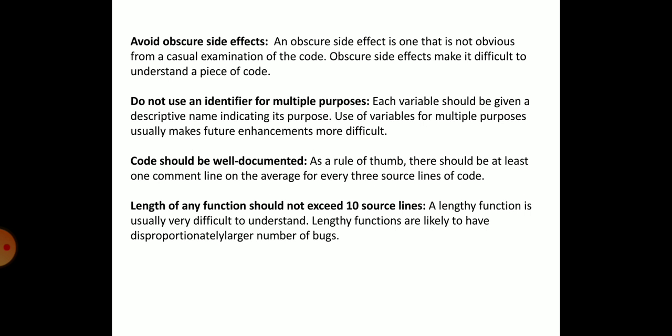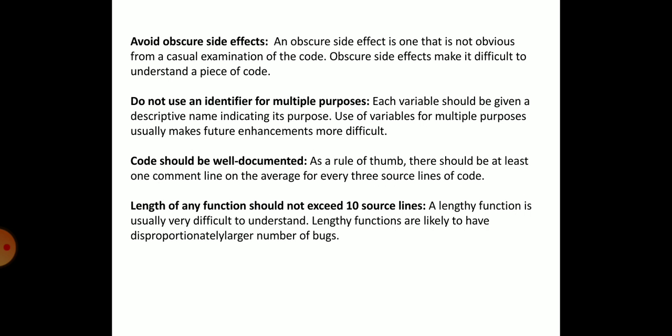That is, if a module is meant for modifying or altering any global variables or IO operations, that should be clearly specified. Otherwise it may become difficult to understand a piece of code with some obscure side effects that are caused by some modules. It becomes difficult to infer them from the function's name and header information, and it becomes difficult to understand the code. So avoid all these side effects while forming the modules and while coding the modules.